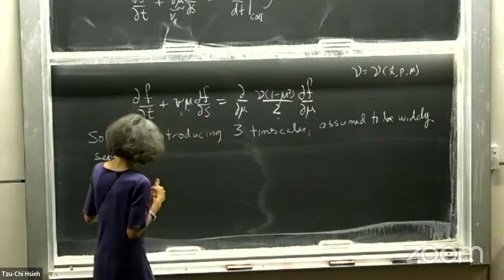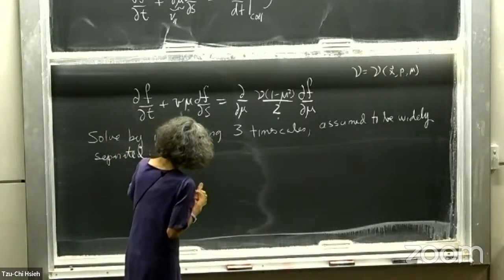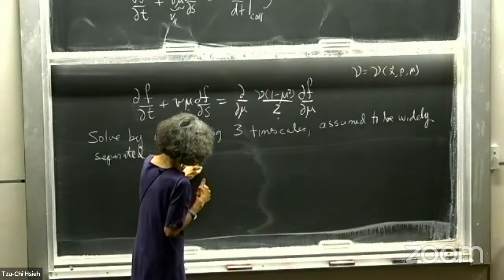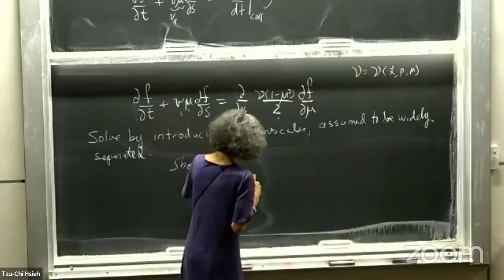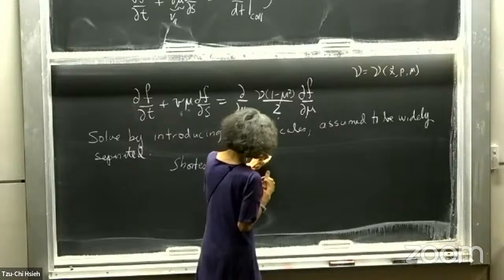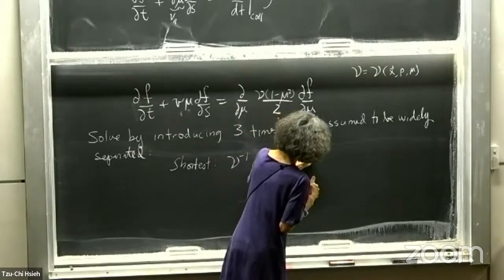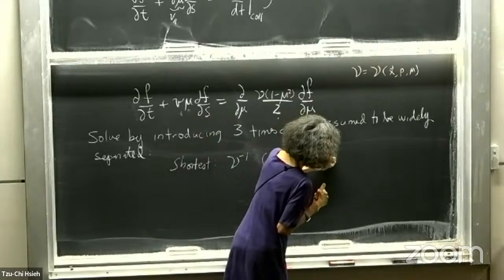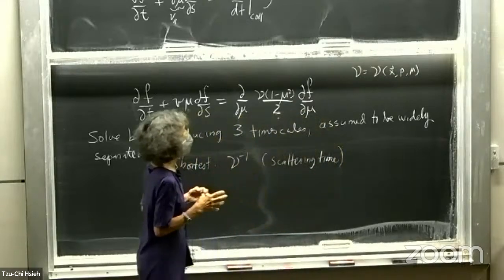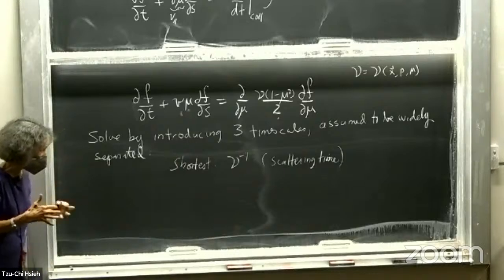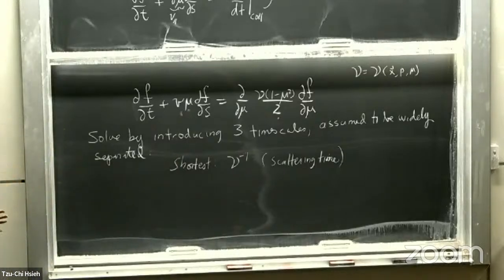So what are they? The shortest one will be nu inverse, and this is the scattering time. We're going to assume that on the timescales on which the system evolves, many, many scatterings occur.